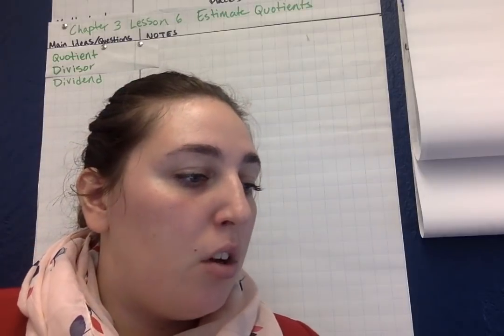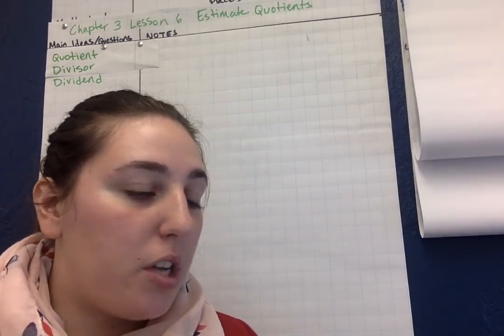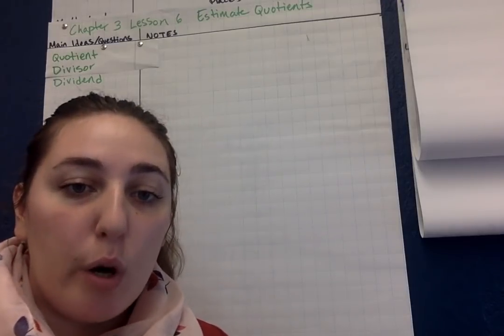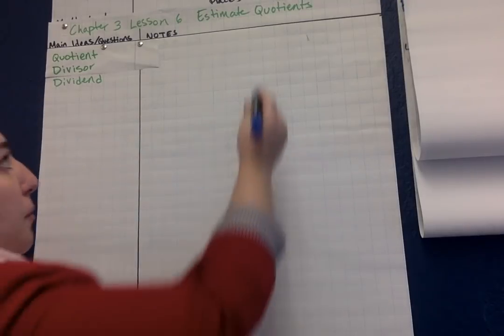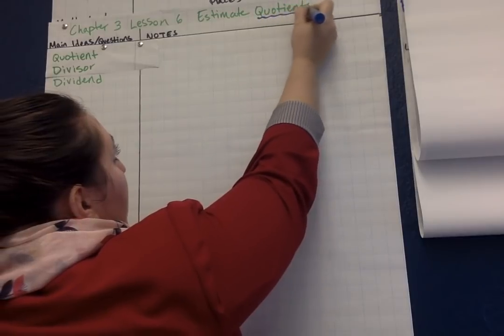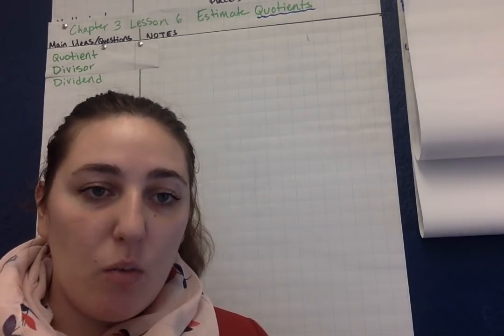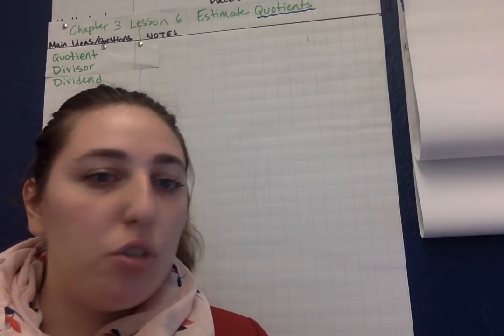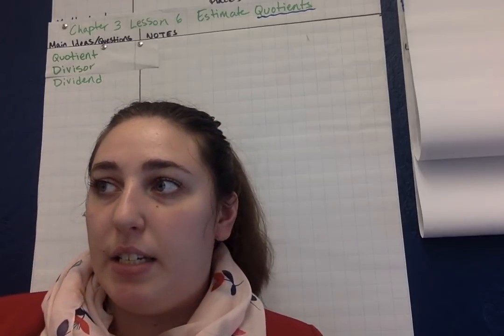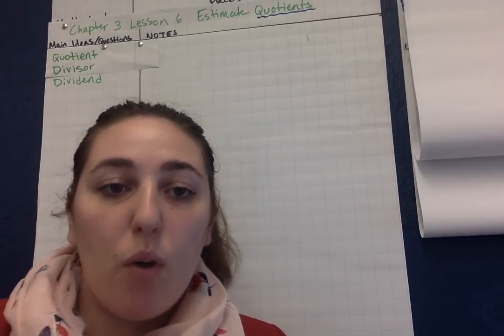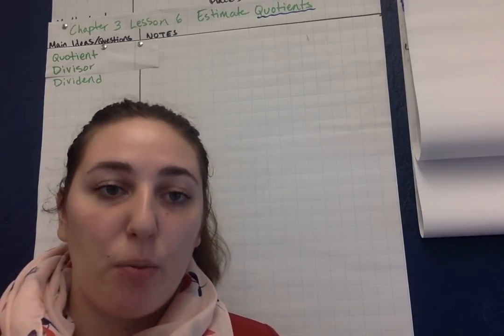And then make sure you're putting the page number. So when we're talking about estimating quotients, the word quotient might be new to some of you, so I'm going to underline that with a little squiggly. When we're dividing, we're finding a quotient. Just like in lessons 2, 3 and 4, when we were multiplying, we found a product.